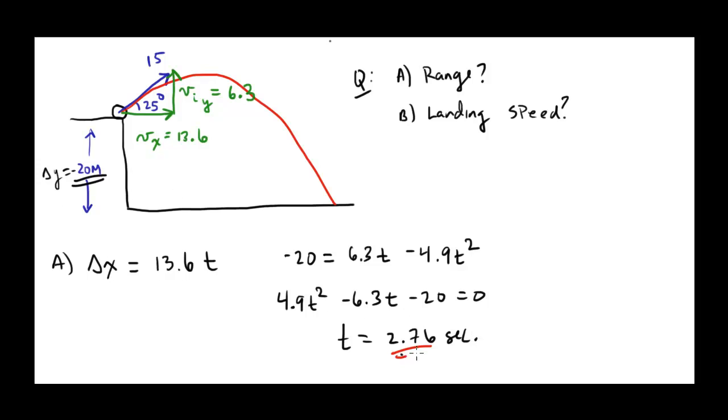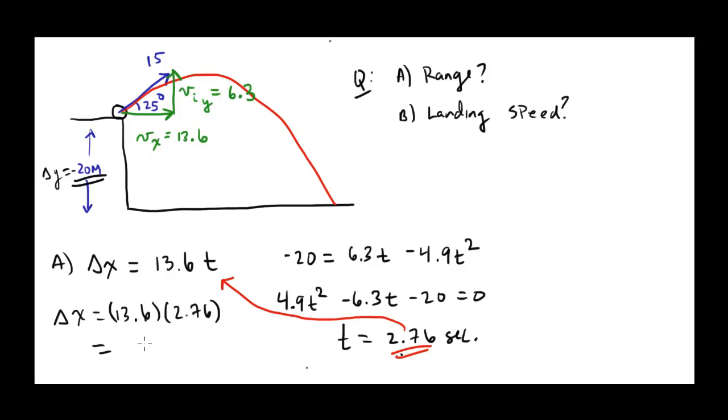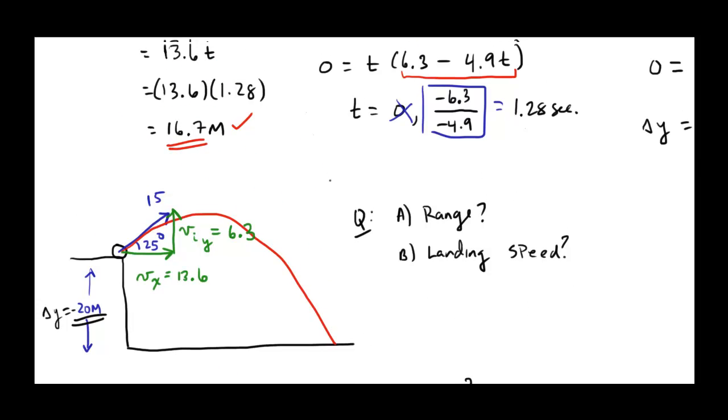That's what I'm interested in. That's the time I want, which I can now plug in right here. And I end up with a delta x of 13.6 times 2.76, which is, back to the calculator, 13.6 times 2.76, 37.5 meters, which, by the way, is way farther than we got up here, right?